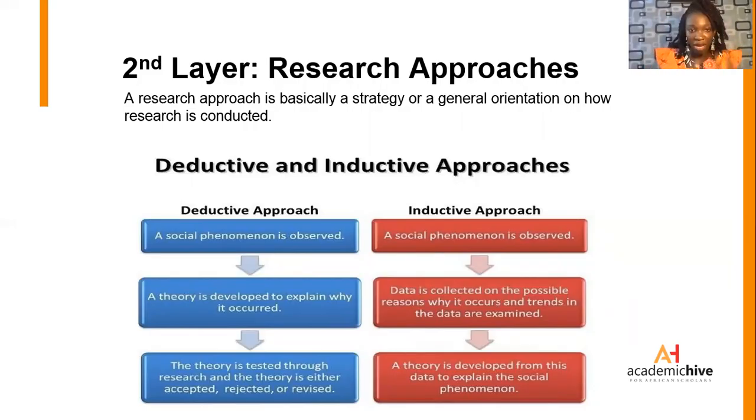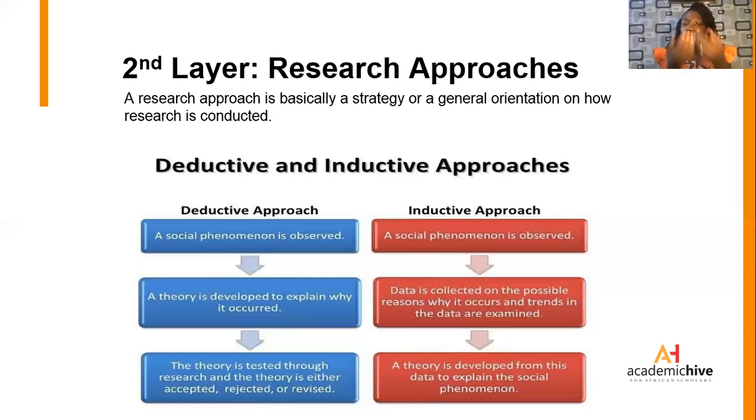For the deductive approach, you observe the issue you want to solve, or the social phenomenon you want to observe, okay? You just observe it. Then you think of theories that can explain why that issue is like that. You think of existing theories to explain it.